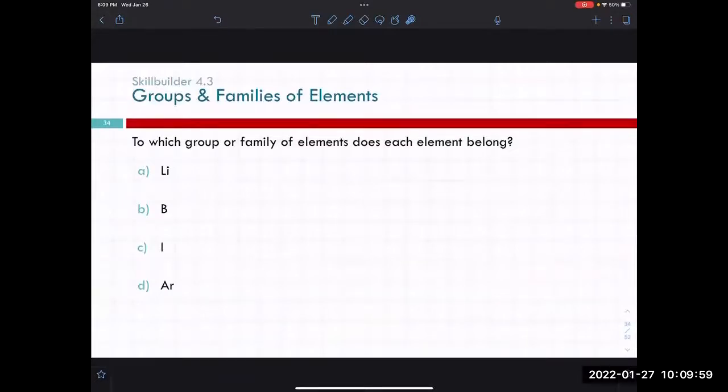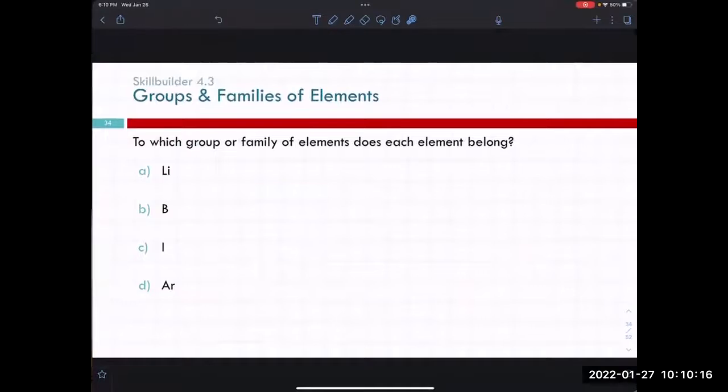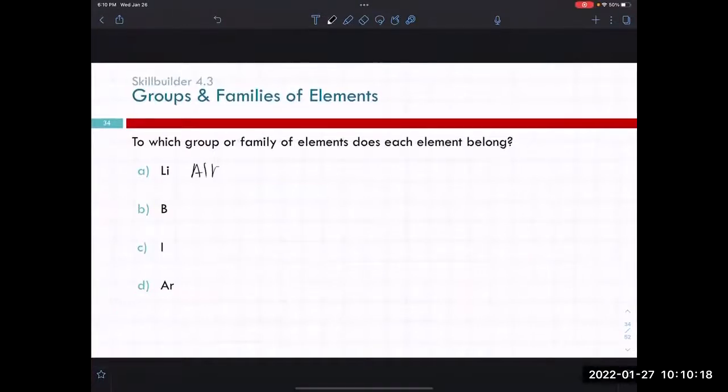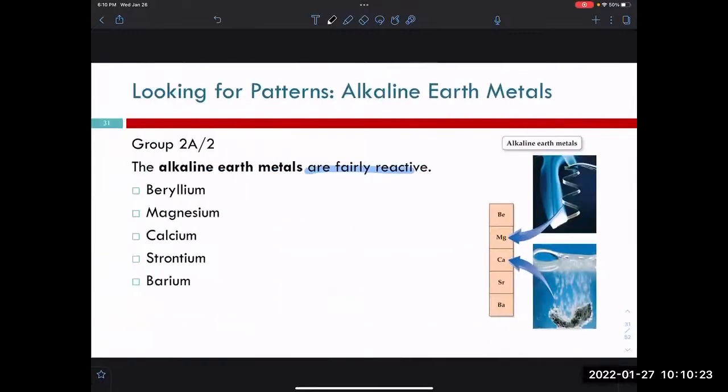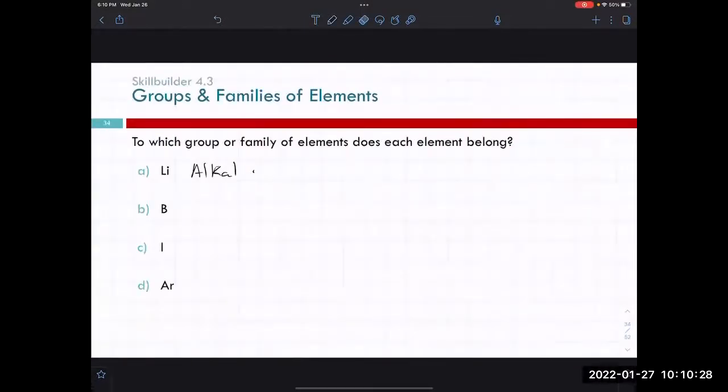Okay, so to which group or family of elements does each element belong? Lithium. Alkali metals, yeah.